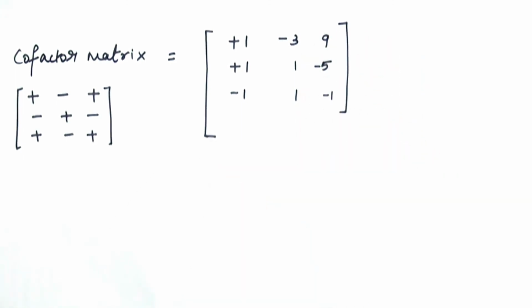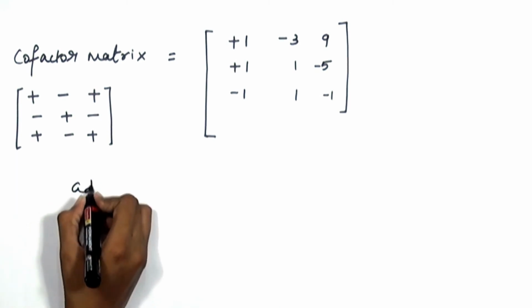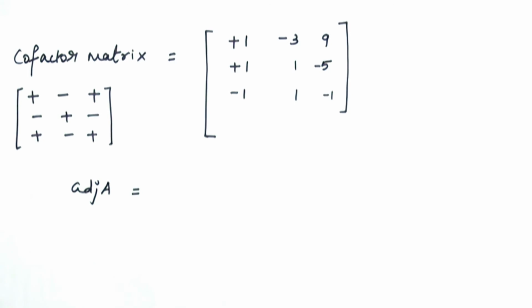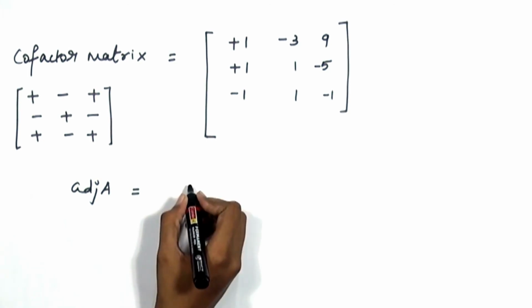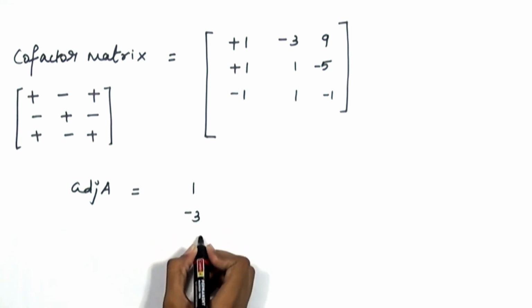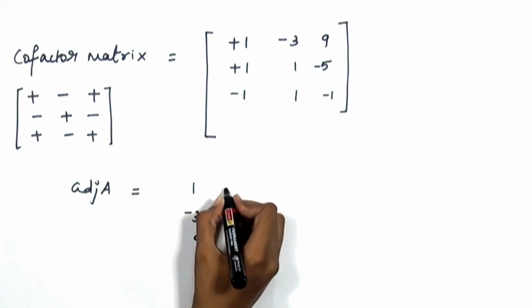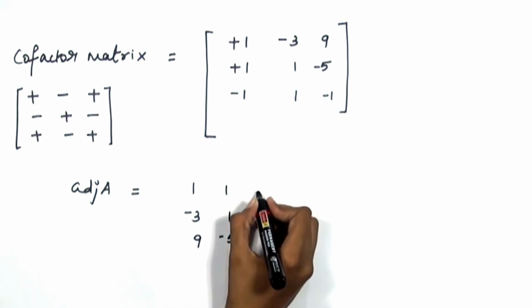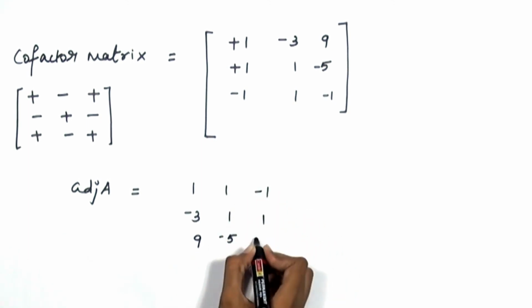So the next step is finding the adjoint A. For this we will be transposing the cofactor matrix. After transposing we will be getting 1, minus 3, 9, 1, 1, minus 5, minus 1, 1, minus 1.